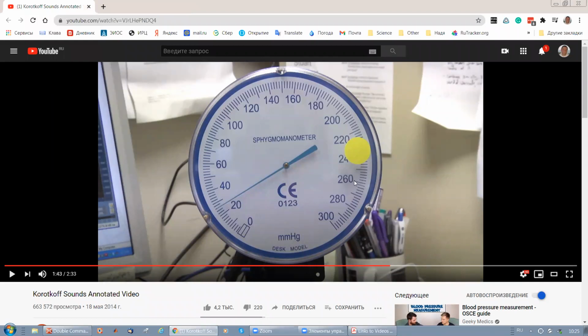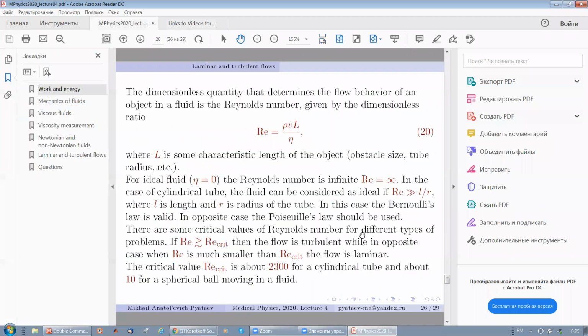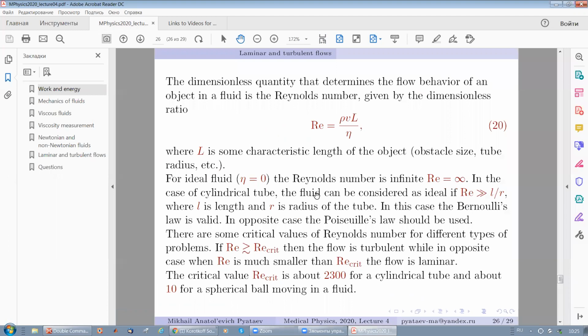Well, so you have listened to those Korotkov sounds, and let me remind you that they appear due to turbulence. So when the blood vessel is completely blocked by the inflated cuff and then opens again, the flow becomes turbulent, and this leads to the appearance of a specific sound, which is called Korotkov sound.